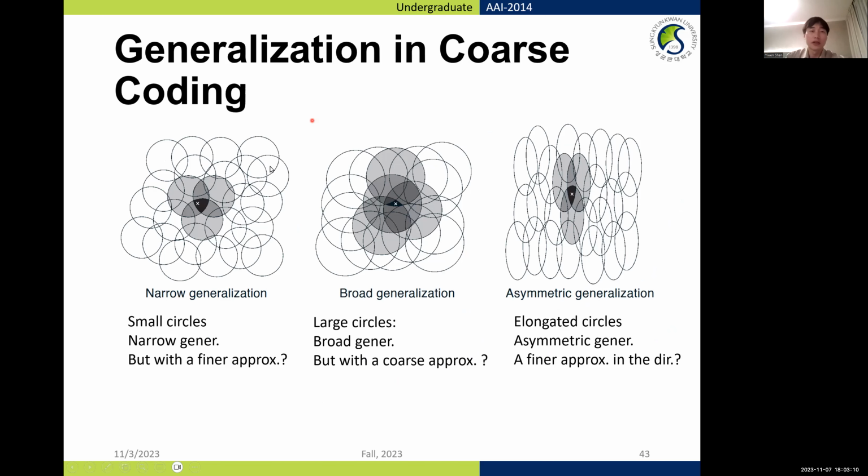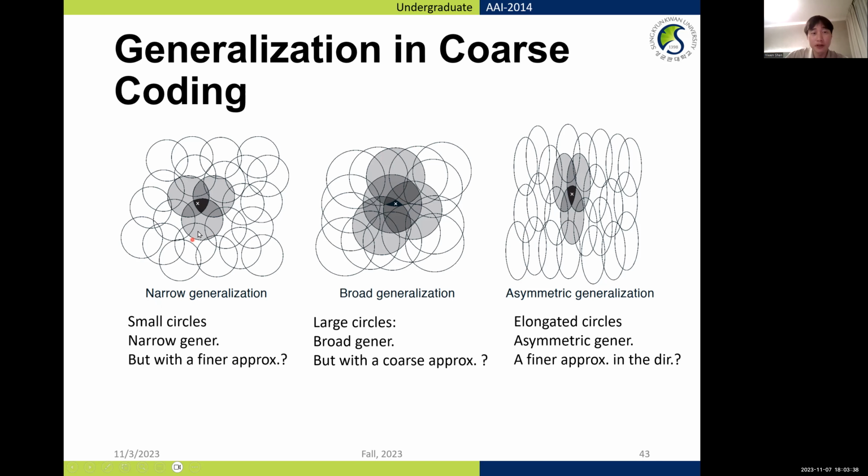Generalization in coarse coding. When we design these groups or circles for representing states, sometimes we can use small circles, sometimes larger circles. Sometimes we can even squeeze some circles, making them irregular, elongated circles.